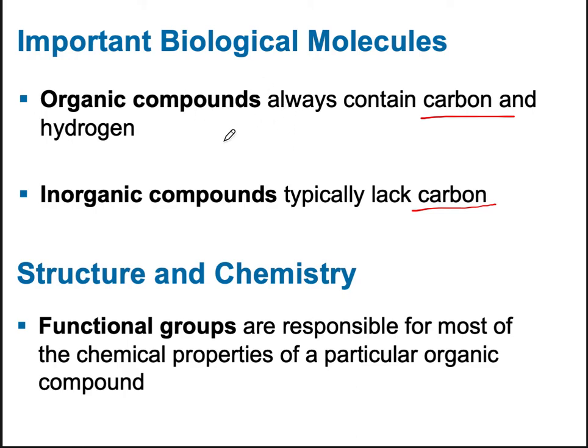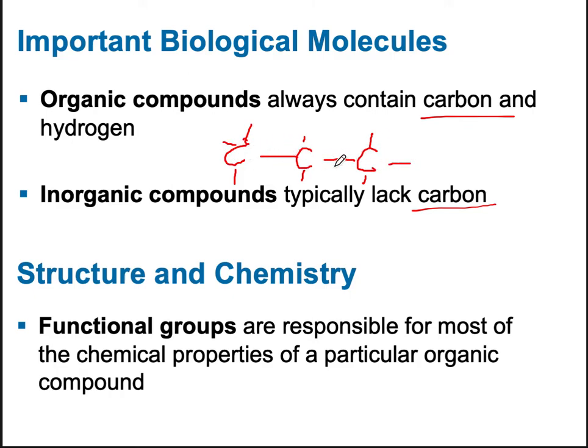So with organic molecules, a lot of times you'll see a lot of carbons linked like this, and then you'll see other molecules or even functional groups added on to the carbon.